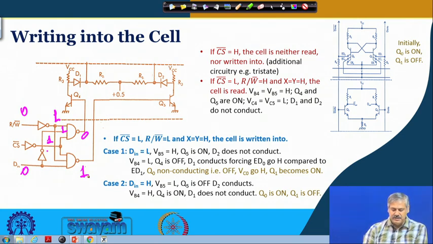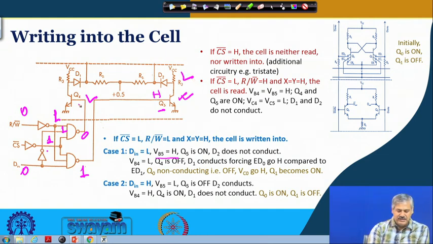Because of which this VB, this particular base voltage of transistor Q5, okay, this is high and this is low. What does it mean? So this will be on, so this voltage will be low over here and this is low, that means this transistor is off.